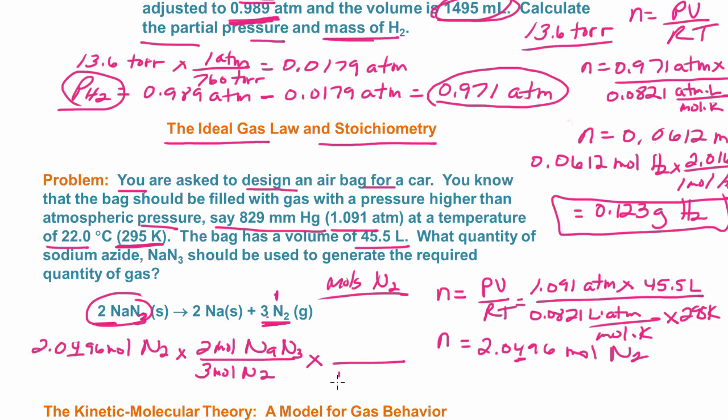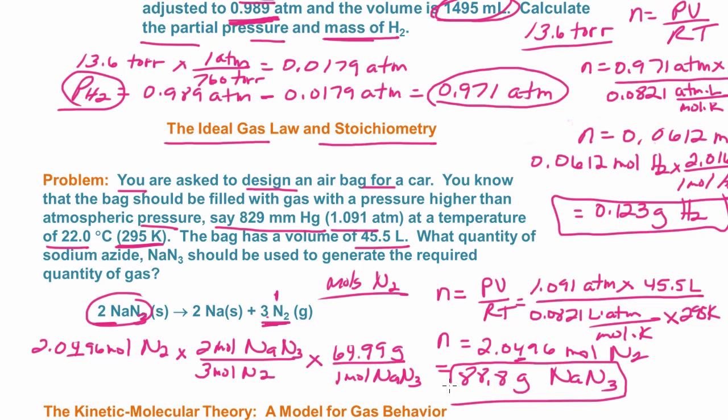Then we convert that to grams, so 1 mole of sodium azide would be 64.99 grams, and that'd be 2.0496 times 2 divided by 3 times 64.99, and we would need 88.8 grams of sodium azide.